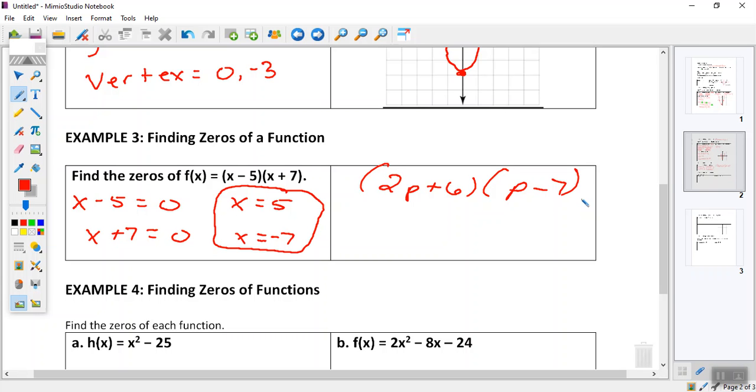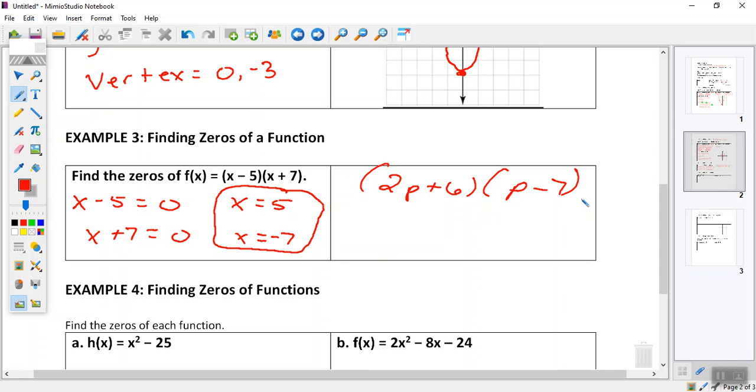What times 1 is 6? All right, show of hands.